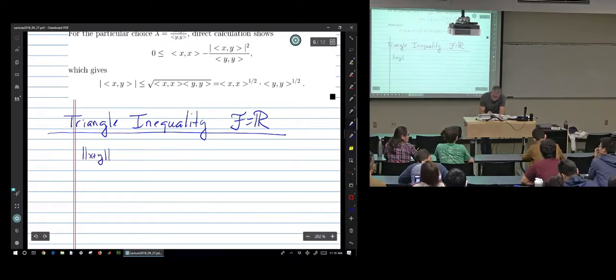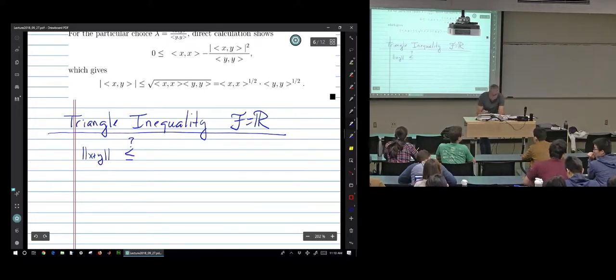So we would like to show that this thing we put the double bars around is less than or equal to the norm of x plus the norm of y, okay?